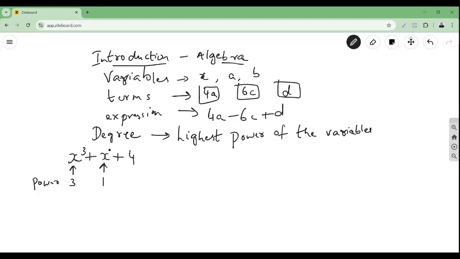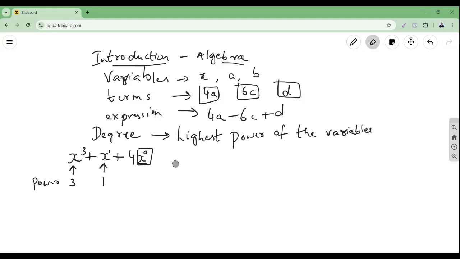If there is no power, that means x to the power of 1. And here you might think there is no variable. No, you can assume a variable. That means it is a power of 0. Why can I do that? How can I do that? Because x to the power of 0 means 1.